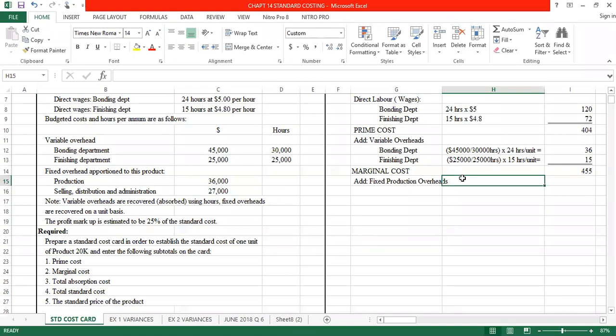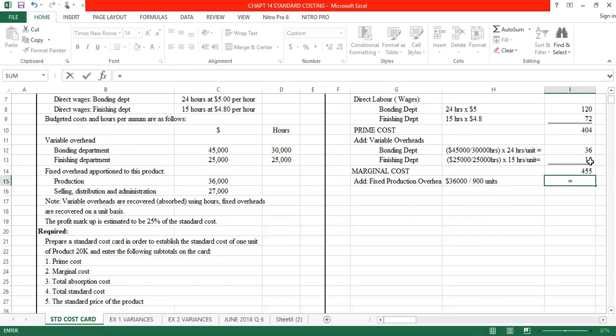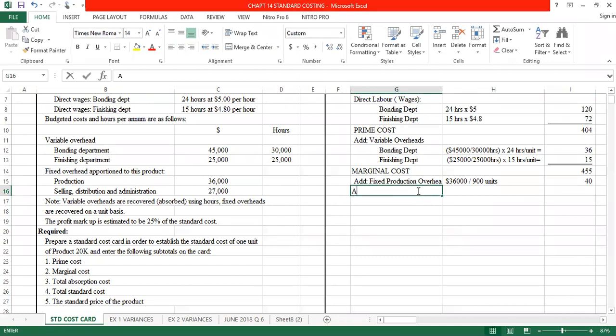So you take 36,000, which is per year, and divide it by the number of units, 900. It gives you 40. So the total that we get here is the absorption cost.